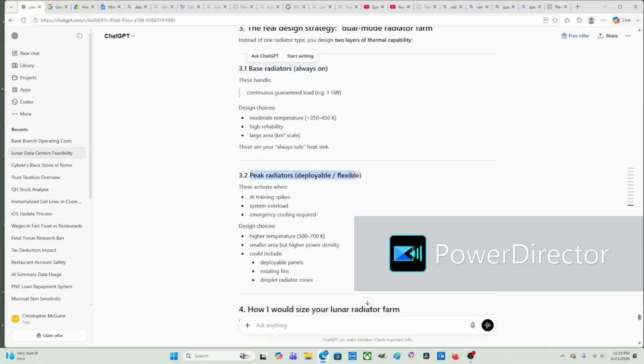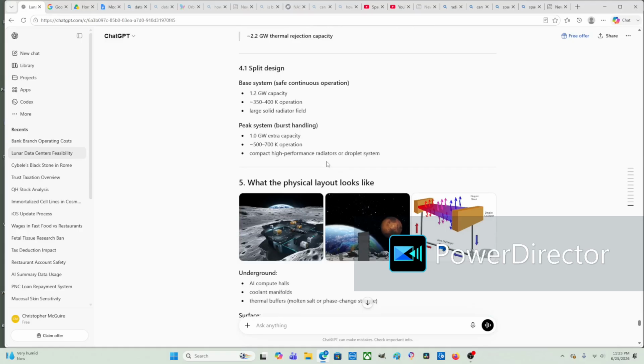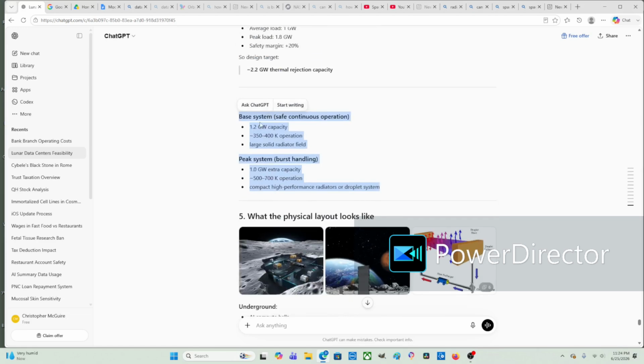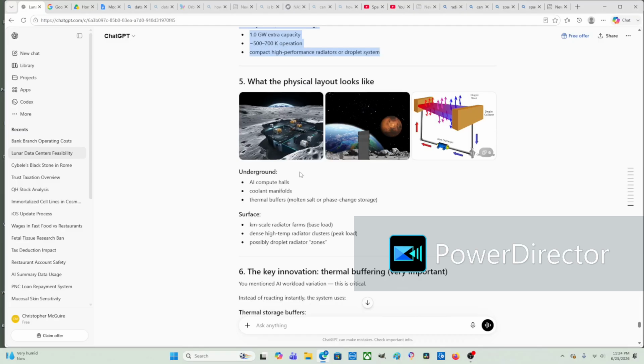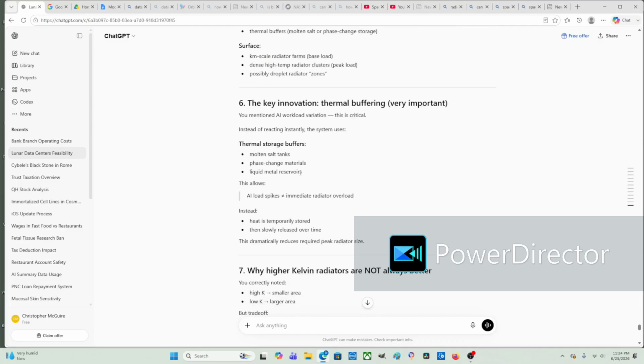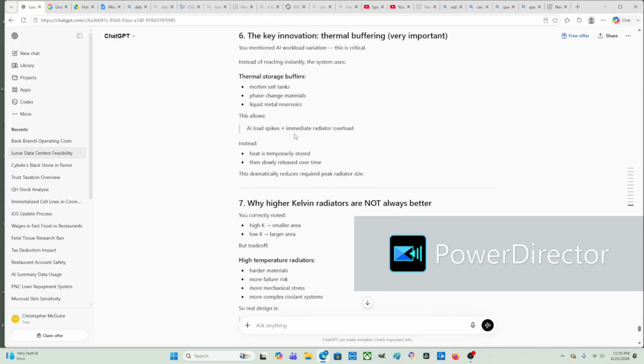Level 2 radiator farms whenever there are massive data spikes or massive heat spikes, and you're trying to create survivability. Hybrid system: level 1 radiator farm, level 2 radiator farm. I'm pretty sure somebody else knows what I mean by hybrid radiator farm and level 1 radiator farm and level 2 radiator farm.